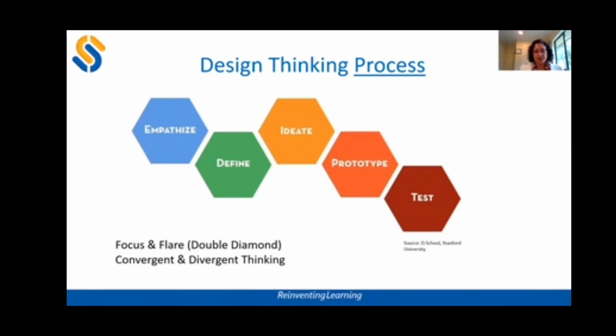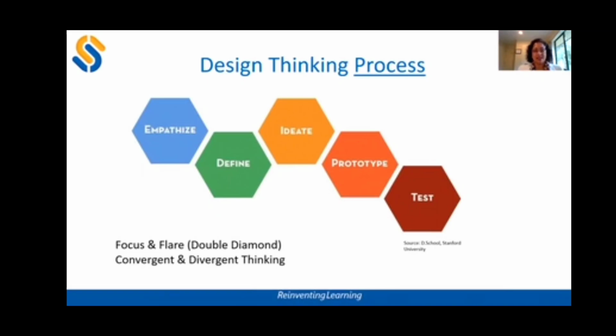So you converge when you're selecting ideas or concepts, or you diverge and go wide. So there's this constant coming down, selecting a few, and then going wide. And you'll understand this again when I explain all of the stages.